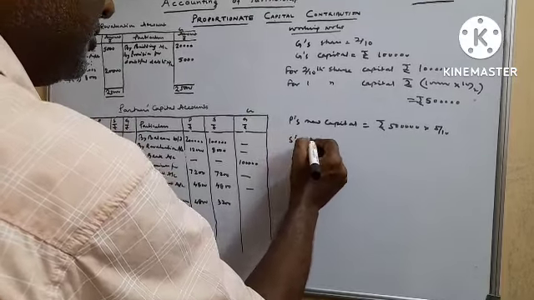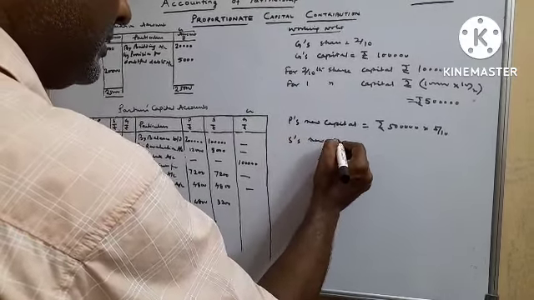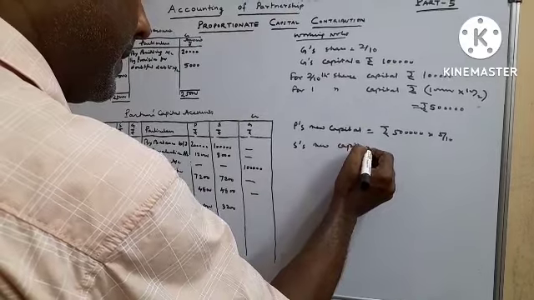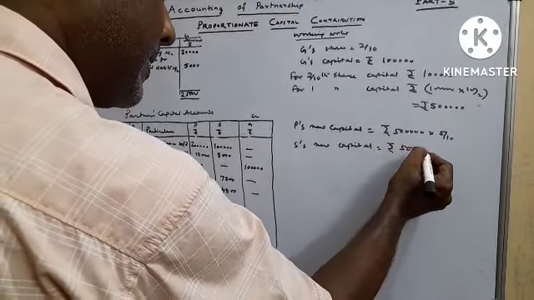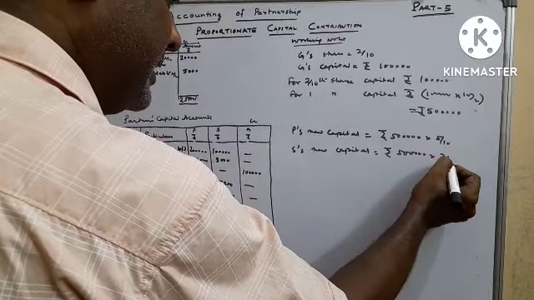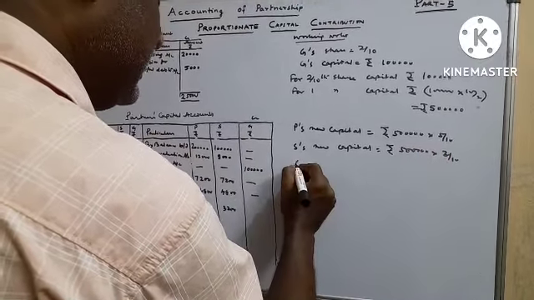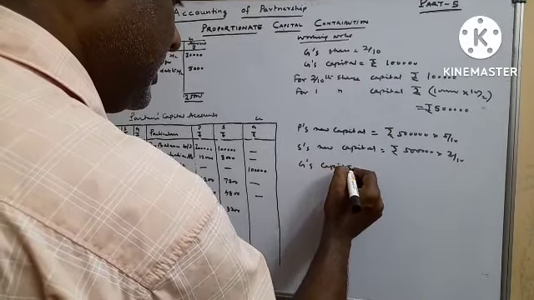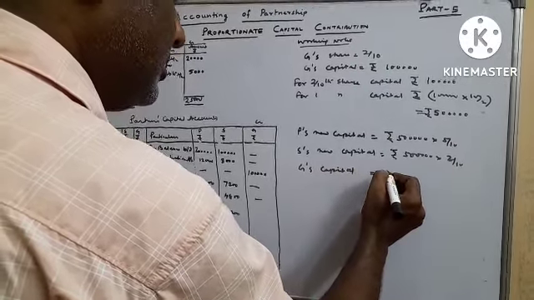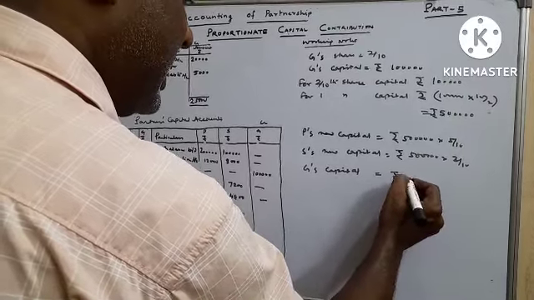S's new capital equals to rupees 5 lakh into 3 by 10. G's capital equals to rupees 1 lakh.